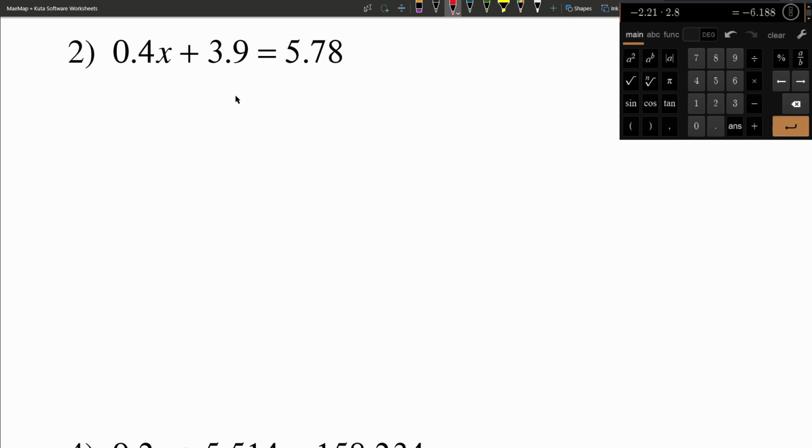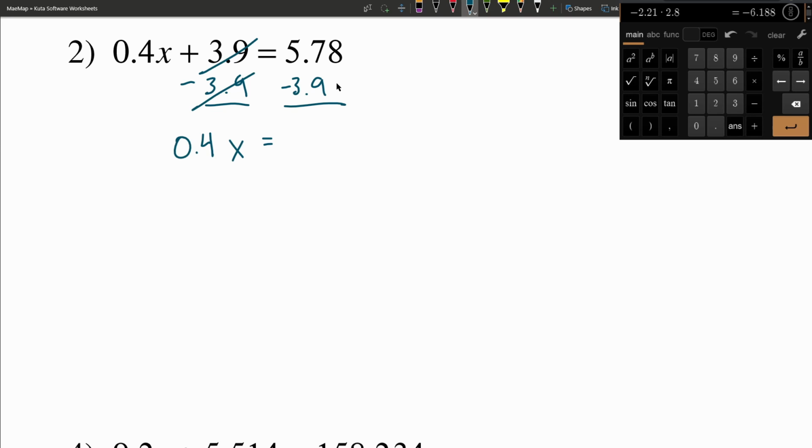It's just added. So I'm going to subtract a 3.9 from both sides. When I do so, we'll get 0.4 times x plus 0, which is 0.4 times x, and that's going to be equal to 5.78 minus 3.9.